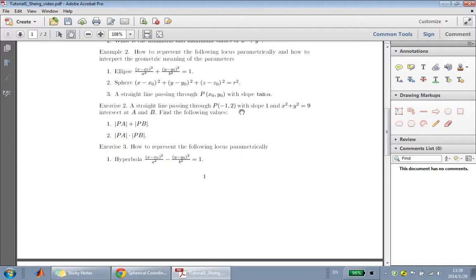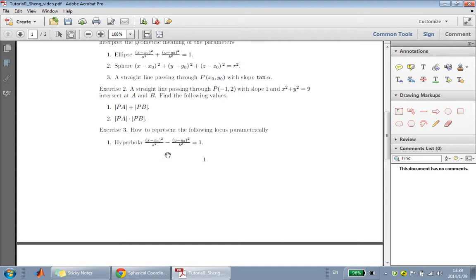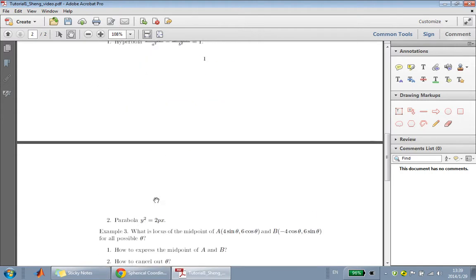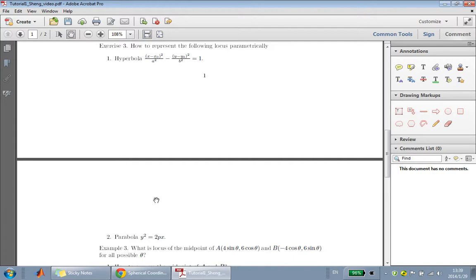If you figure it out, it's very easy to solve exercise 2. Also for the hyperbola or parabola, there are also some standard parametric representations for these two curves.